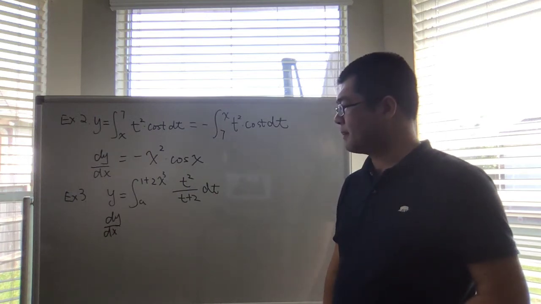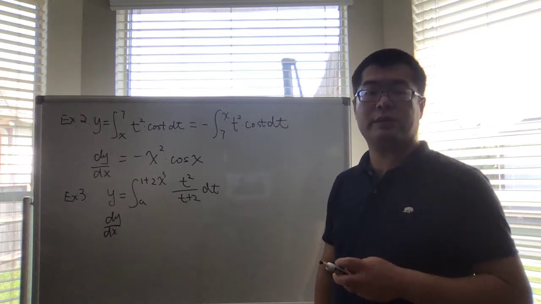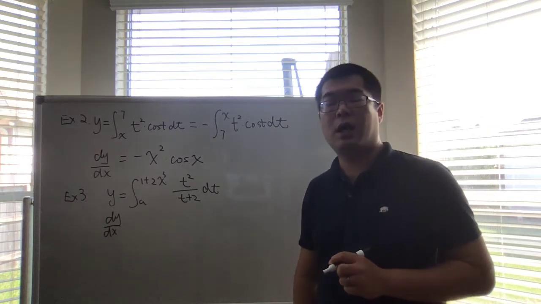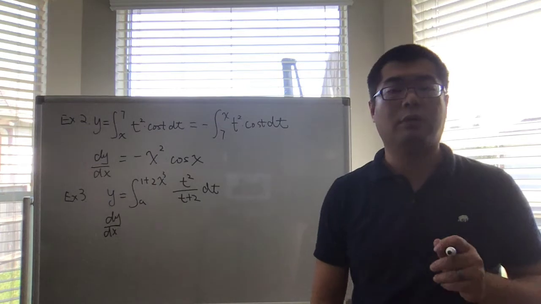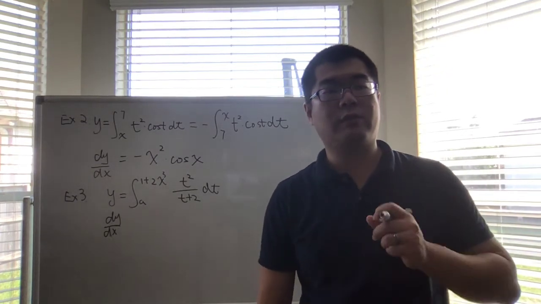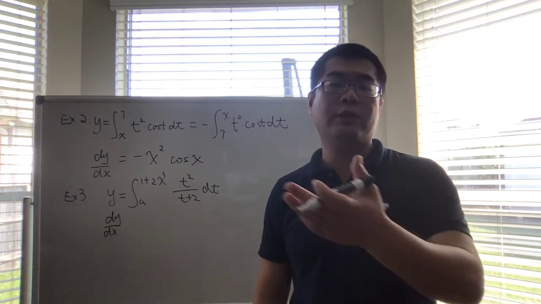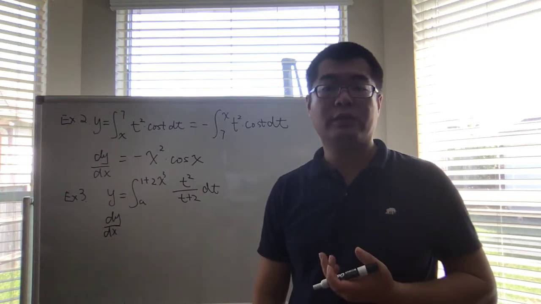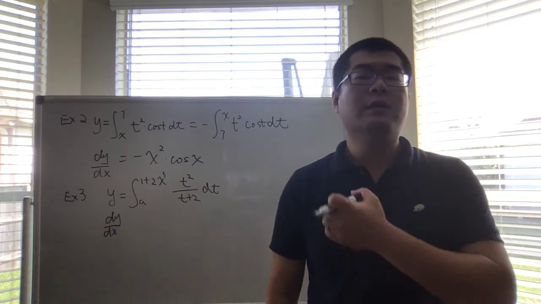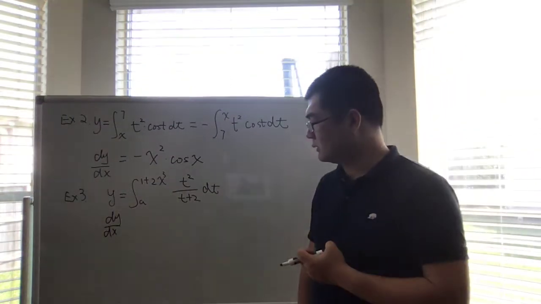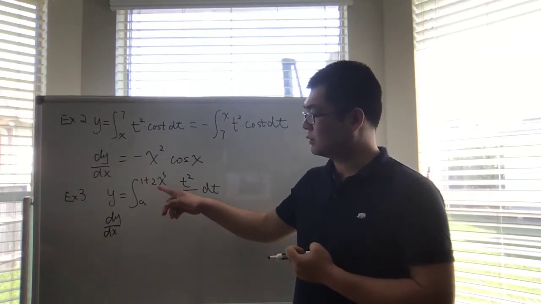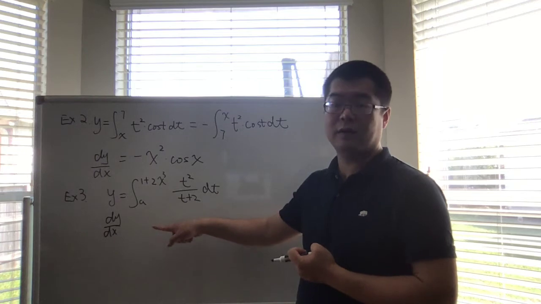But the idea is similar. What you can do here is remember when we discussed the chain rule, we introduced one intermediate variable u. Let u equal the inside function, and then we can do that. It's a very similar idea to figure out this derivative.